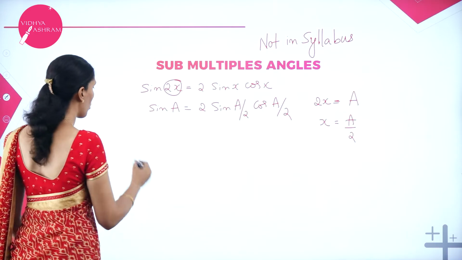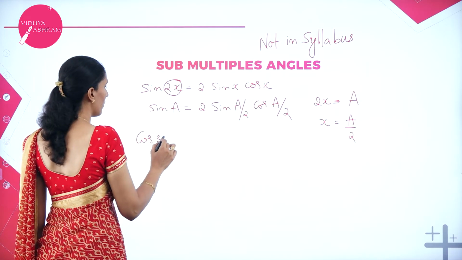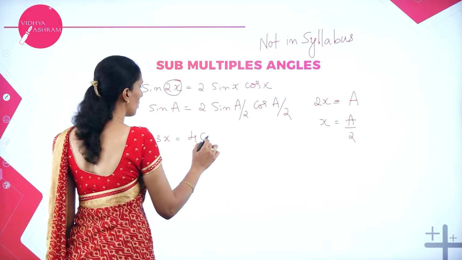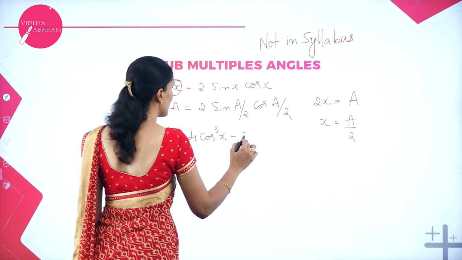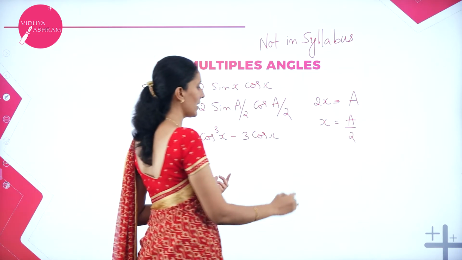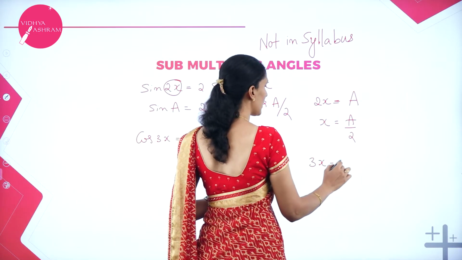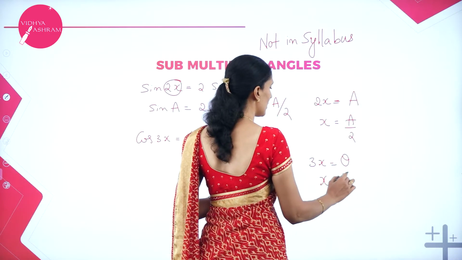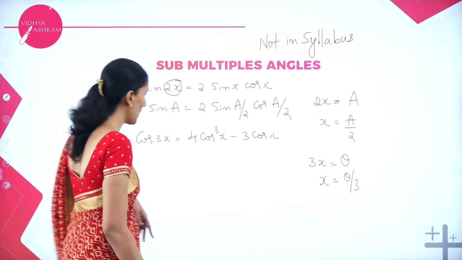Similarly, we can show it for cos 3x also. We know cos 3x is equal to 4 cos cube x minus 3 cos x. So what is 3x? Suppose you take 3x as some theta. Then what is your x? It is theta by 3. So replace it.